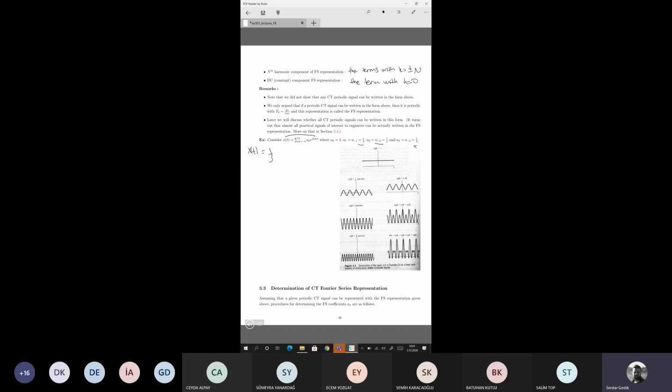It is 1/3 e to the power minus j6 pi t plus 1/2 e to the power minus j4 pi t plus 1/4 e to the power minus j2 pi t plus 1 times e to the power 0 plus 1/4 e to the power j2 pi t plus 1/2 e to the power j4 pi t plus 1/3 e to the power j6 pi t.